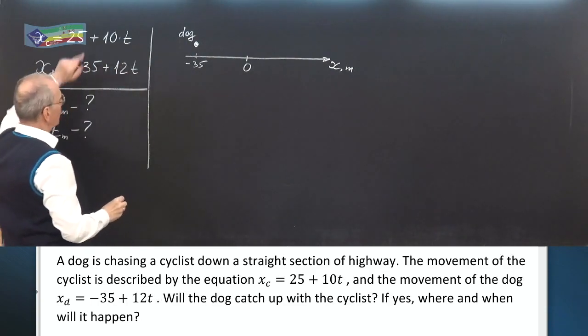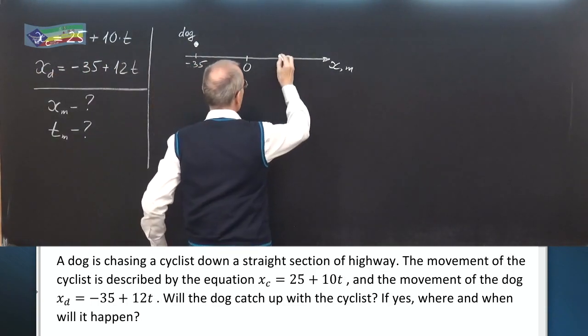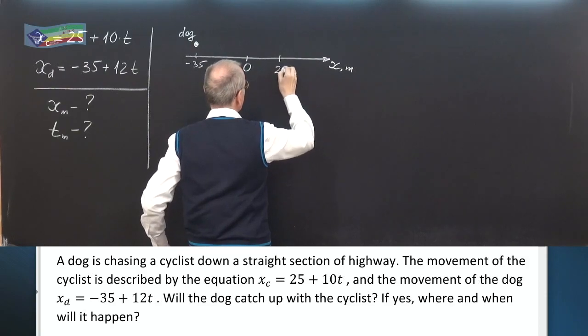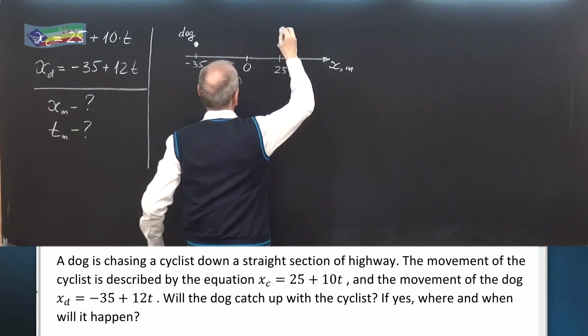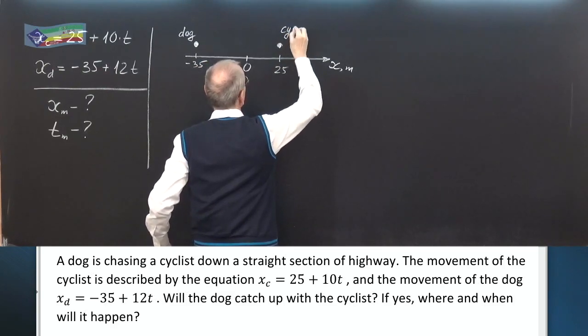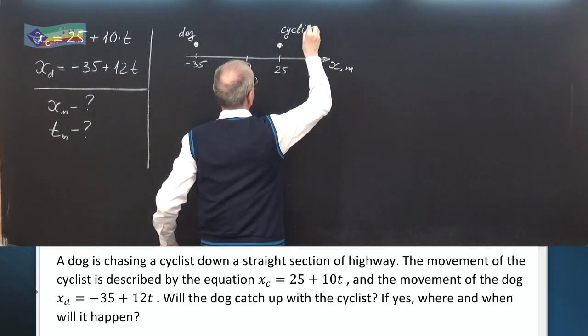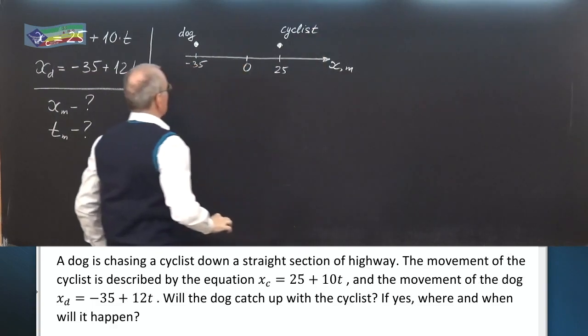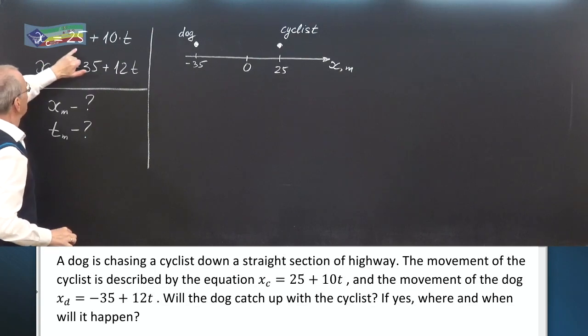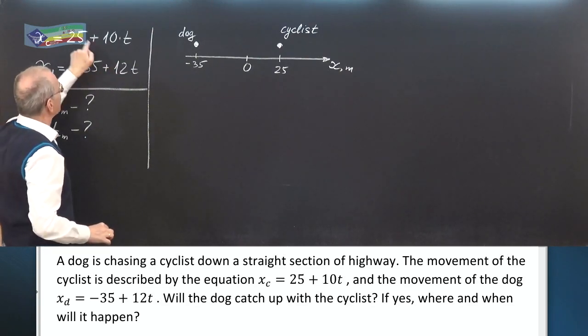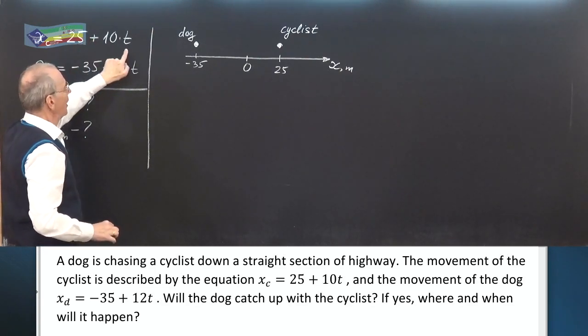Plus 25 is the initial coordinate of the cyclist. X cyclist equals 25 plus 10 times t.